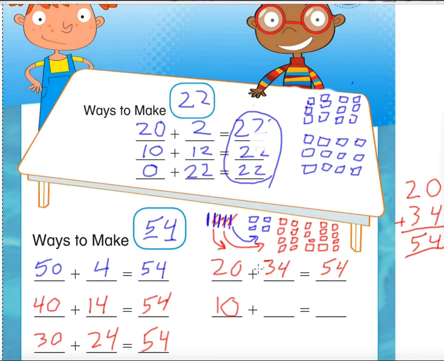We went from 4 to 14 to 24 to 34 to, well, we're going to have 44. And 10 plus 44 will still give us 54.